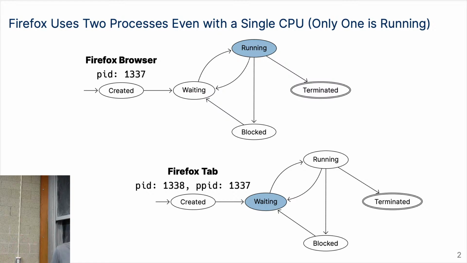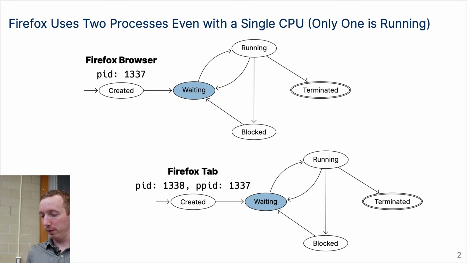So say, arbitrary decision, the kernel decides the main Firefox process should run again. It'll run, execute some code, then eventually the kernel will decide that's enough of you, put it in the waiting state, so we're going to context switch again.